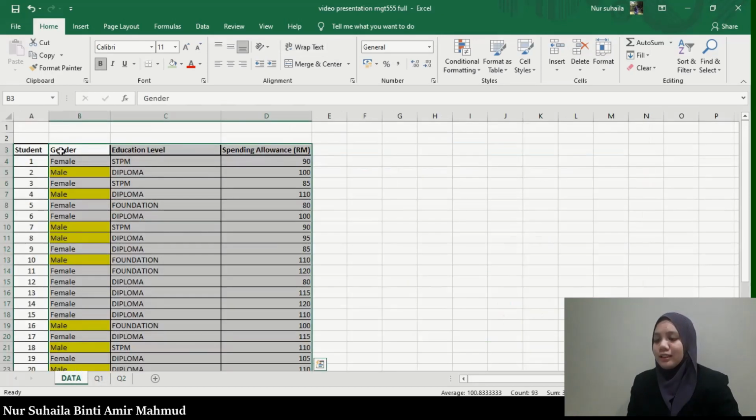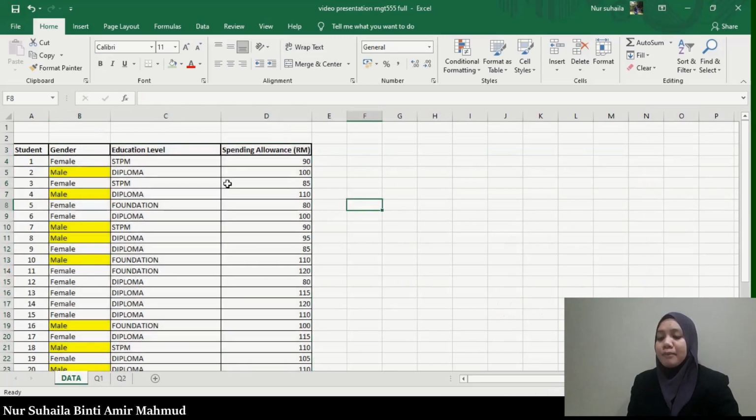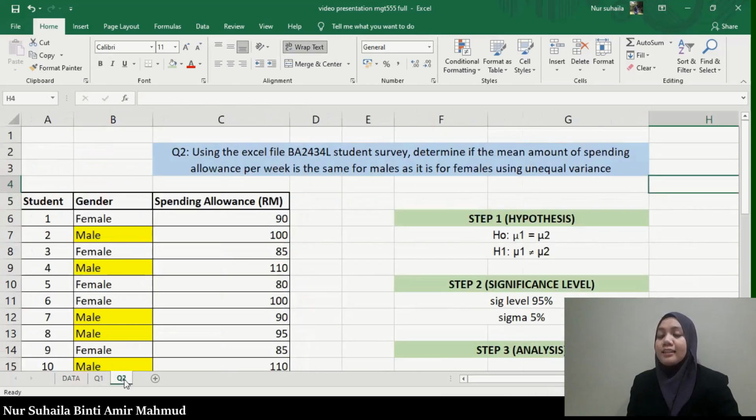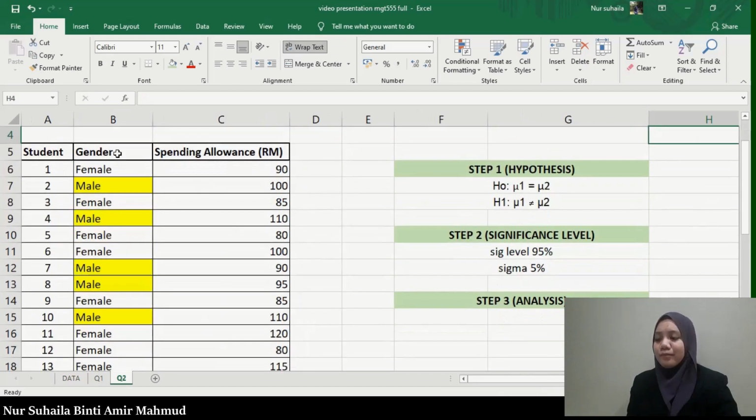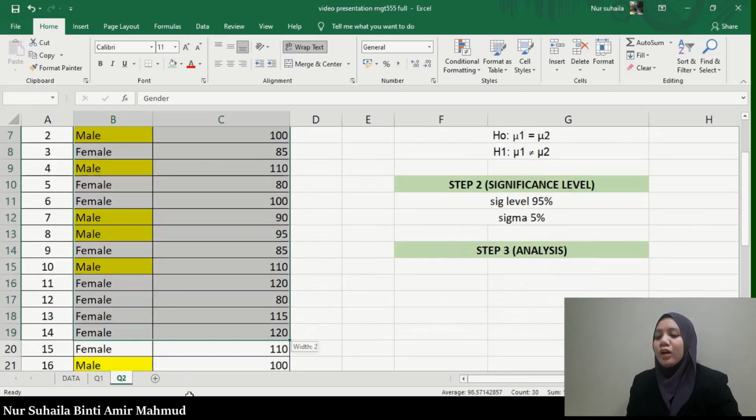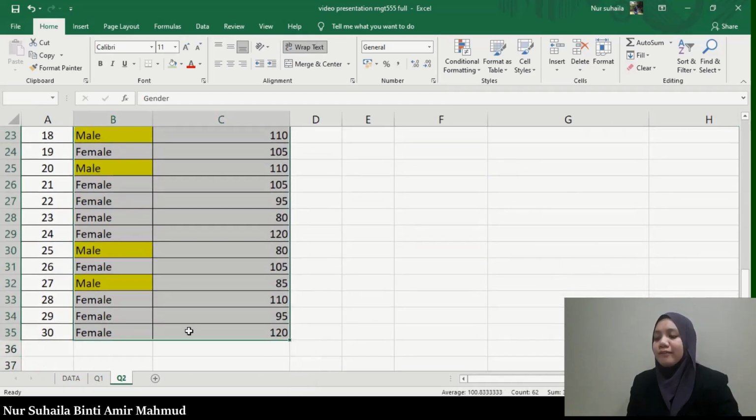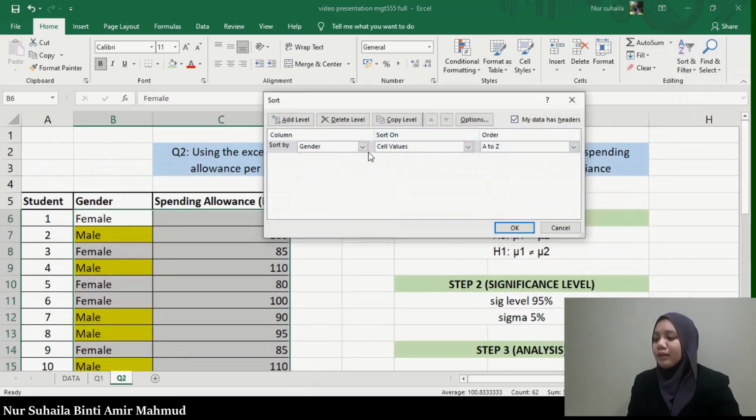For this question, we will use gender and spending allowance data from the Excel file. We need to sort the gender to classify female and male. So, choose gender, then click OK.